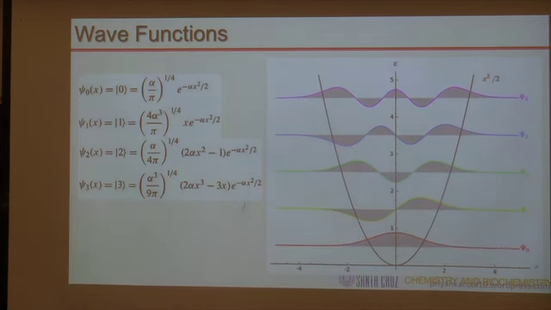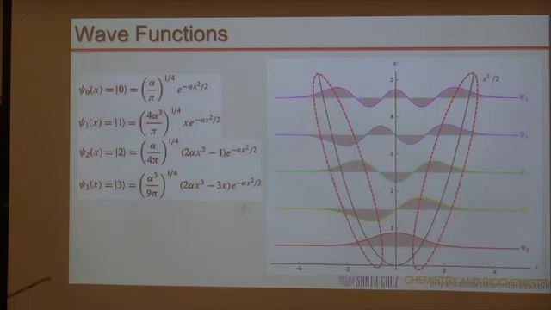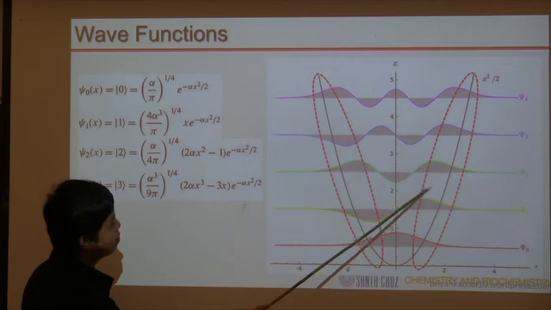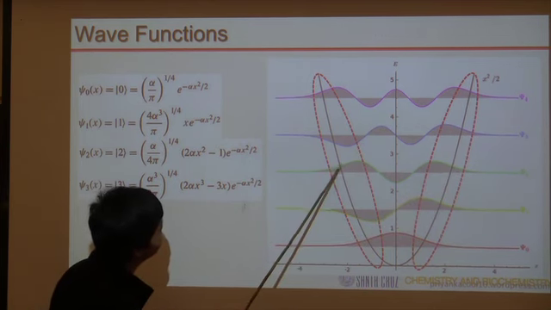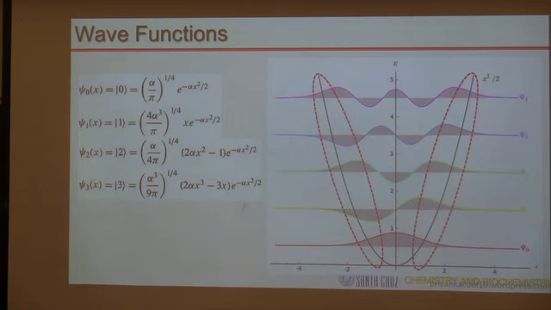If that's the boundary, will the wave function be 0 there? If it's 0, it needs to return to the flat line, right? But clearly at this boundary, it's still not back to the baseline.